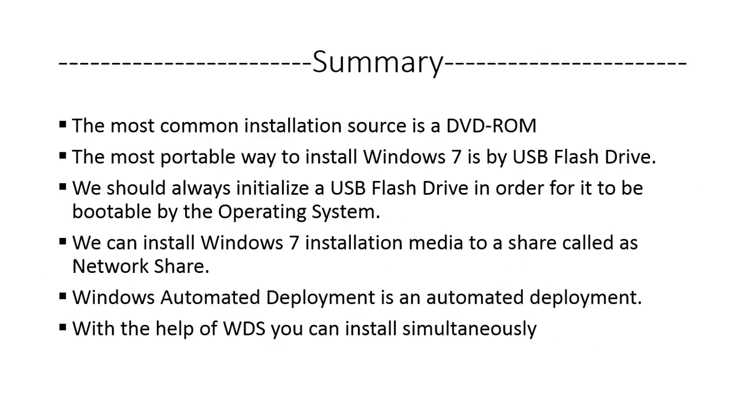You can also install Windows 7 installation media to a share, called a network share. Windows Deployment Services is an automated deployment. With the help of WDS, you can install Windows 7 on many computers simultaneously.